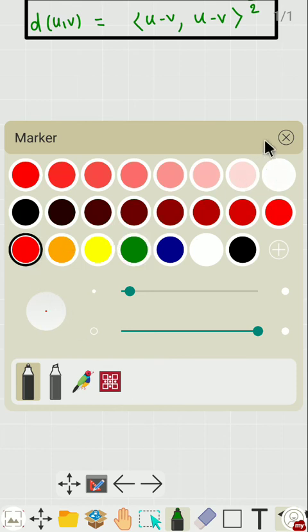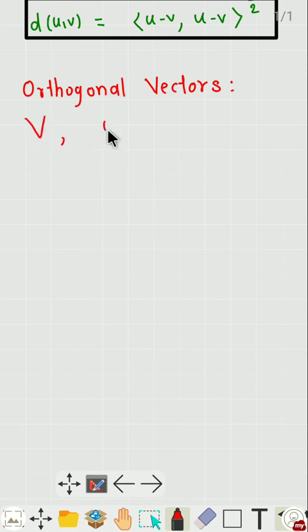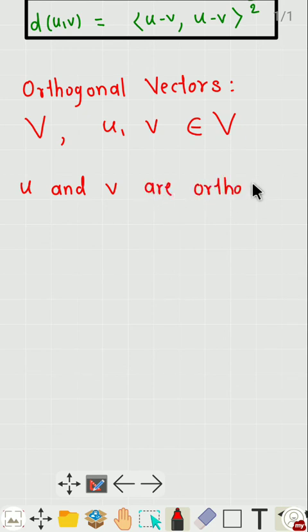Now the next definition is the definition of orthogonal vectors in vector space V. Let V be the vector space and u and v be vectors in V. Two vectors u and v are said to be orthogonal in vector space V if and only if the inner product of u with v is equal to 0.